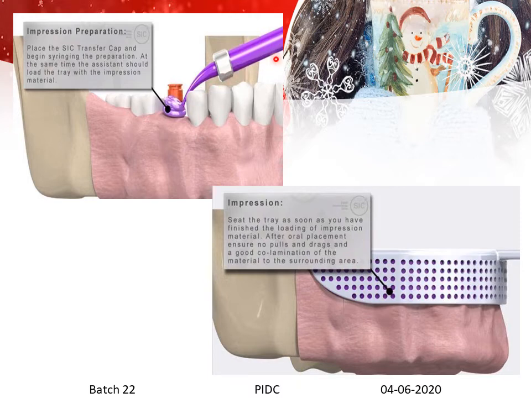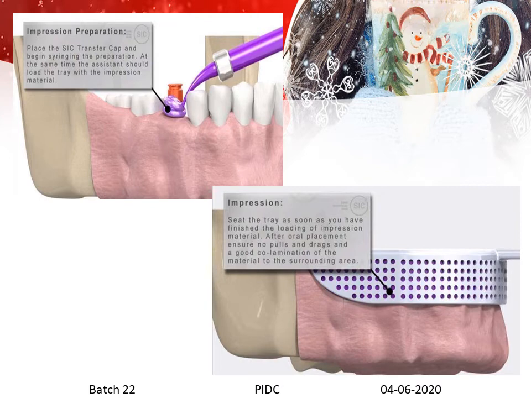We are going to take the elastomeric putty material. The putty material, the first material, is placed around the transfer coping which is present here, followed by which your assistant should load the tray immediately and place it directly over the transfer coping again, and then take your impression.